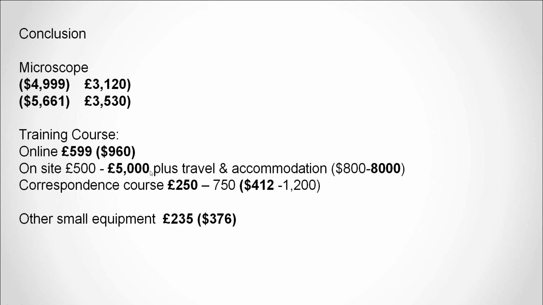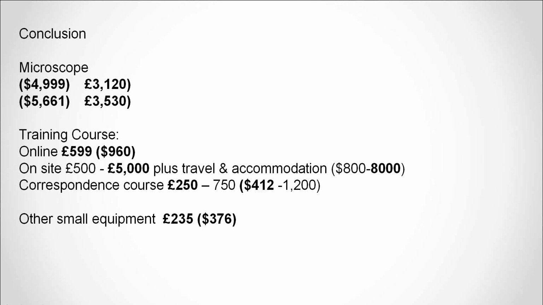On-site, which is where you actually go and study with live blood analysis trainers. Now that can cost anything from $500 up to $5,000 plus travel and accommodation, depending on where you go. There are, for example, Dr. Young, I think he charges something like $10,000.